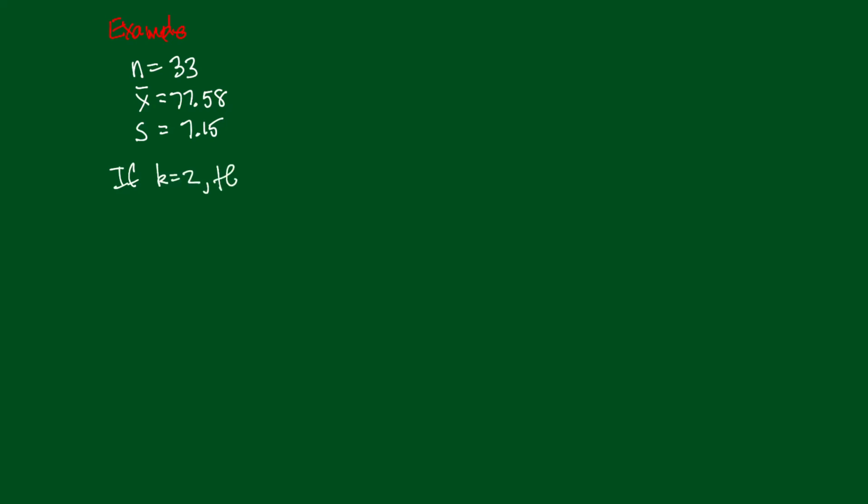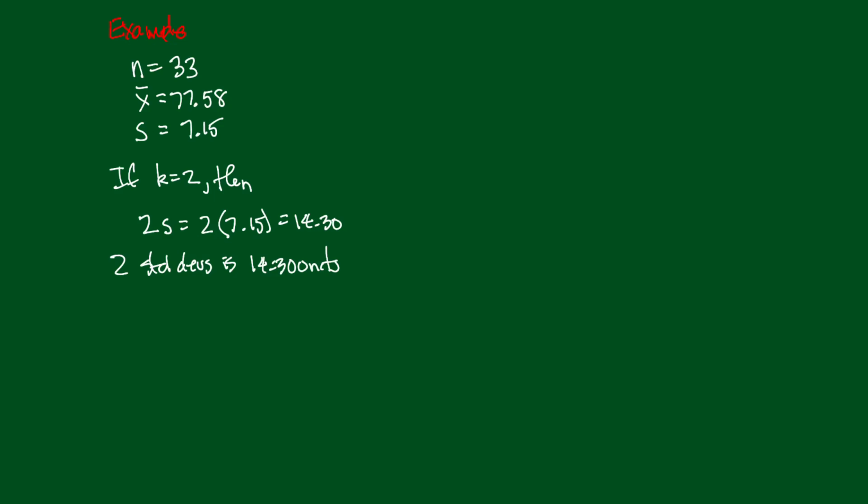If k is equal to 2, here's what I want to compute: 2 standard deviations. So 2s is going to be 2 times 7.15, and that turns out to be 14.30. So 2 standard deviations is 14.30 units.